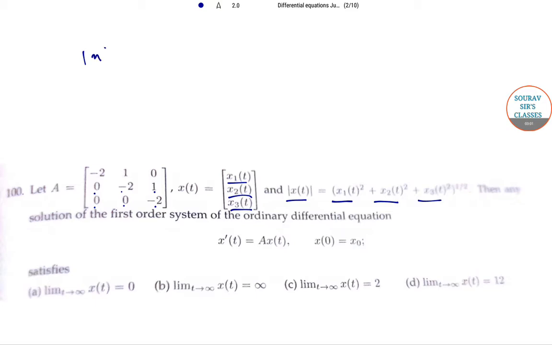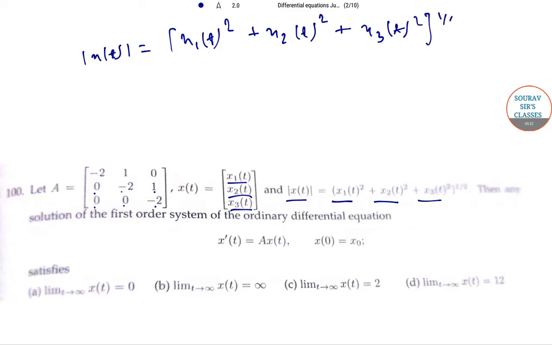I'm writing this once again, maybe it's not visible. So mod x(t) is equal to (x1(t) square plus x2(t) square plus x3(t) square) whole to the power half.